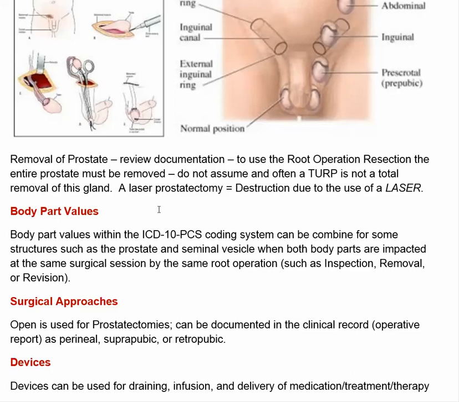However, when we look at that procedure in depth, it typically does not involve or end up with the entire prostate gland removed. They take out a lot of it, but not all of it.